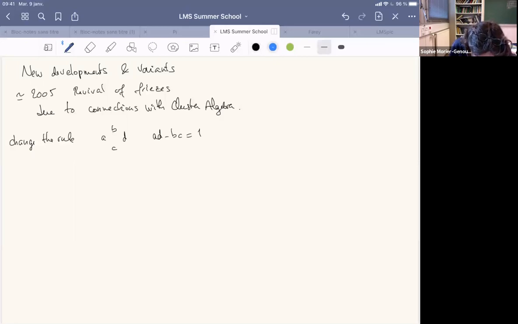Why not using other operations? Sorry, I'm going to write it the other way like this: AD is BC plus 1. So I don't even need a subtraction. I said at some point that the rule makes sense when you are over a ring, but you don't even need to know how to subtract the numbers.